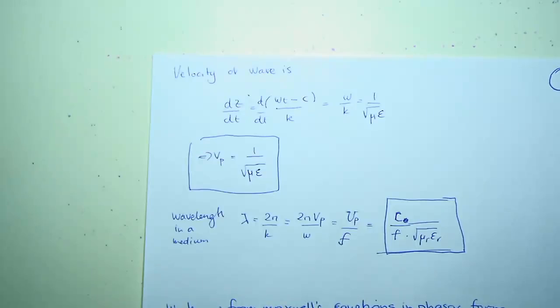Would it be faster or slower than in air? Someone said faster, so it's slower, right? How much slower? The relative permittivity of water is around 80, right? And the permeability of water is 1, because it's not a magnetic material. So how much slower would it be?